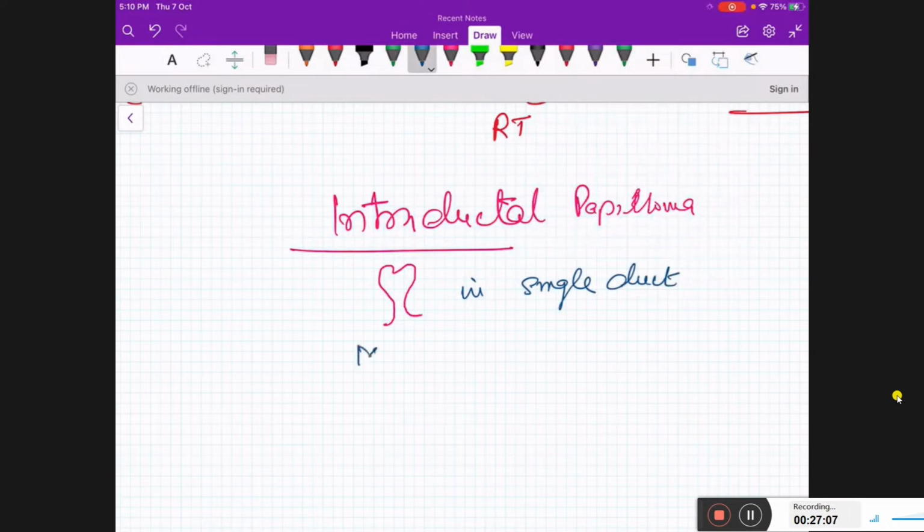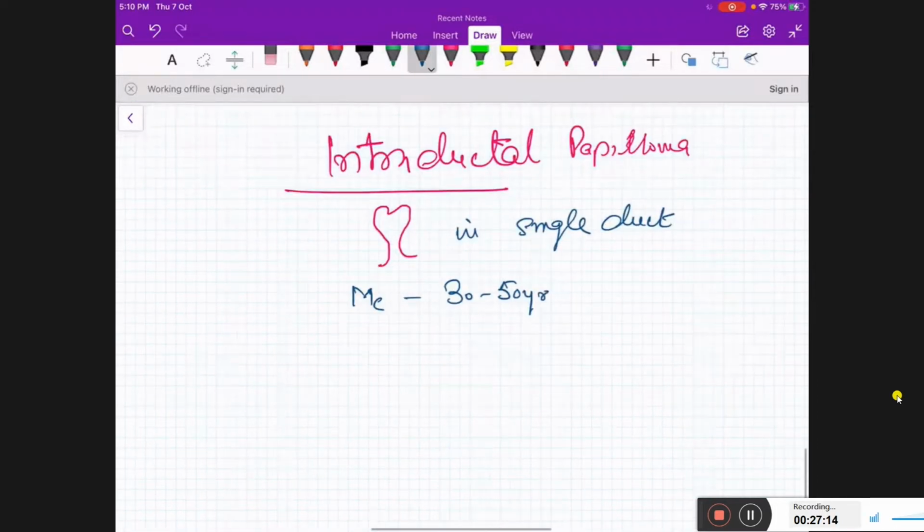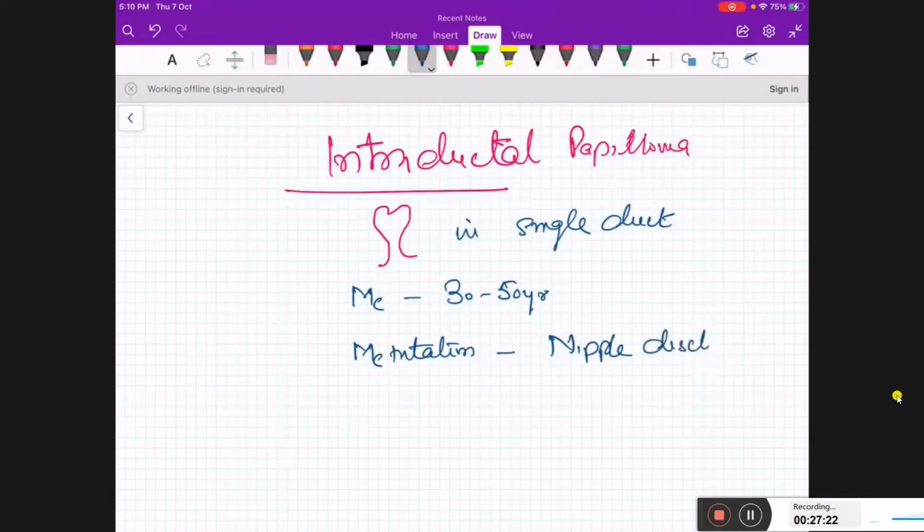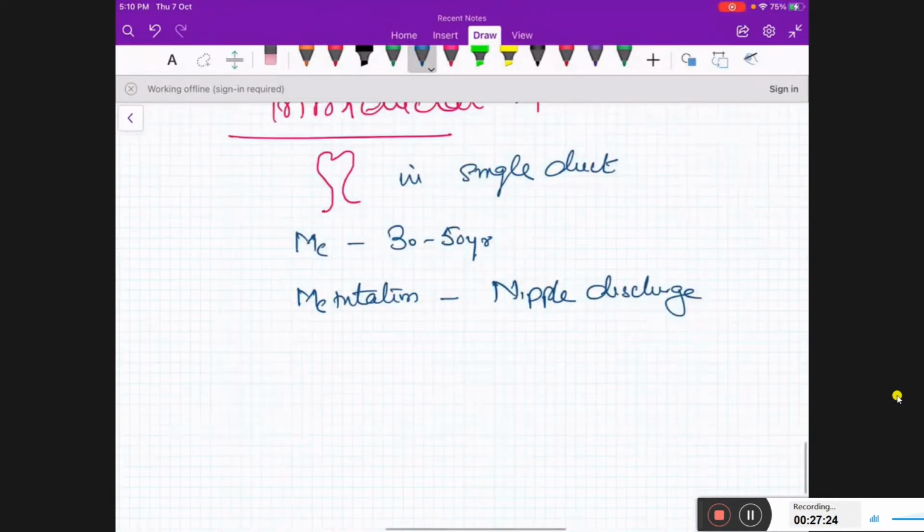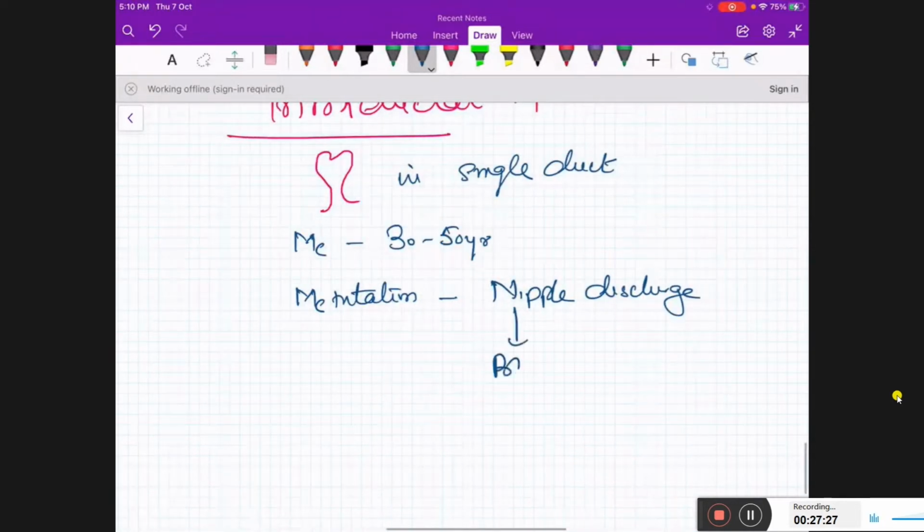Most common age of presentation of this condition is 30 to 50 years. Most common presentation here is nipple discharge, and in this the nipple discharge is blood stained.